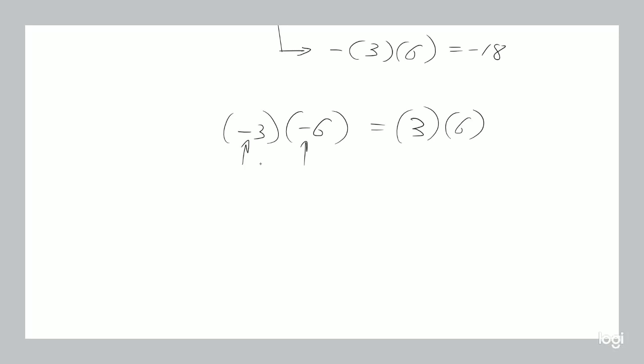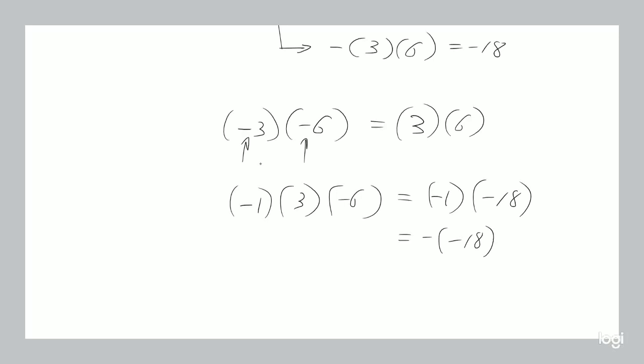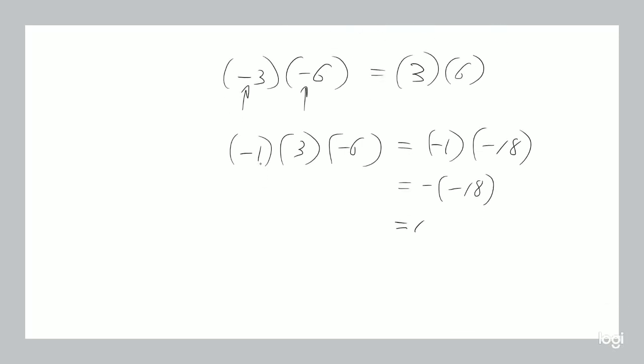So you might be shown something like -1 times 3 times -6, so that's -1 times -18, or 0 minus -18. Okay, you're taking away something negative, so it ends up being positive. It's kind of an indirect, abstract explanation.